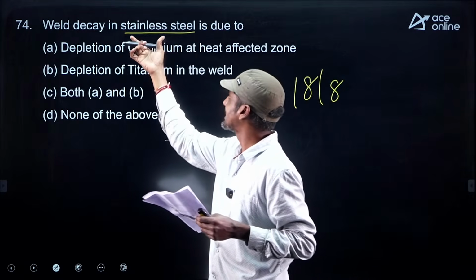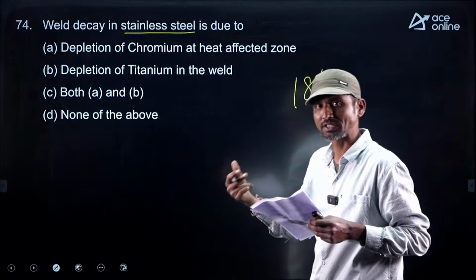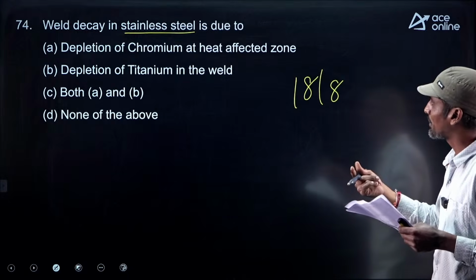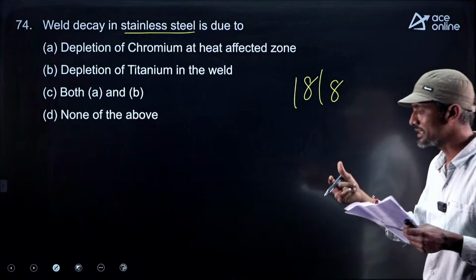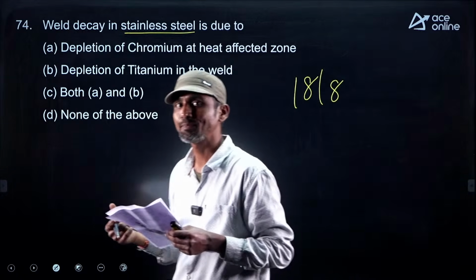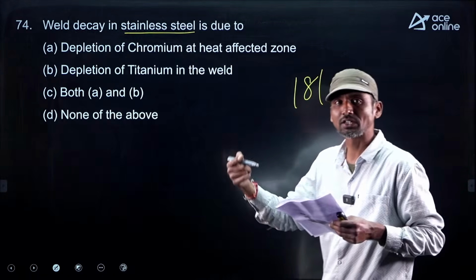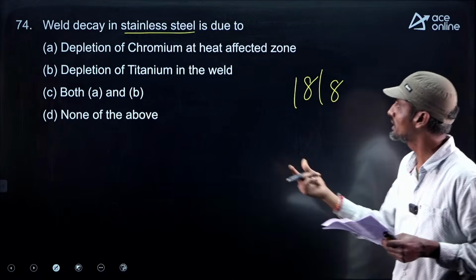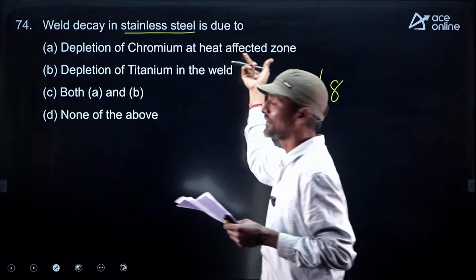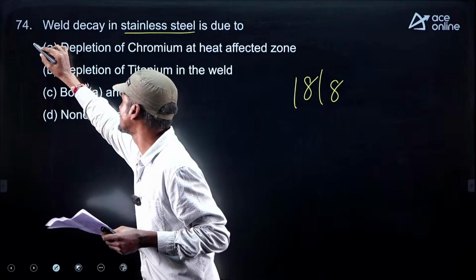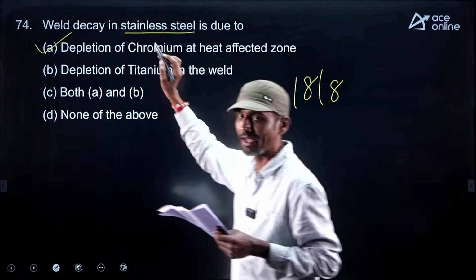Whenever we consider stainless steel, it will also have a carbon percentage. The carbon and chromium form chromium carbides, which cause weld decay in the heat affected zone through depletion of chromium at the heat affected zone. So for this question, the answer is option A.